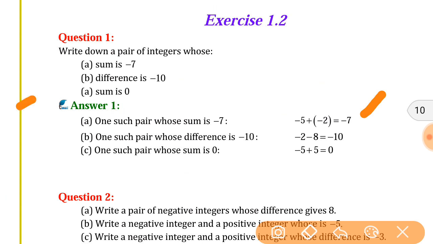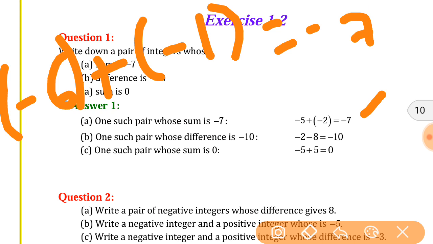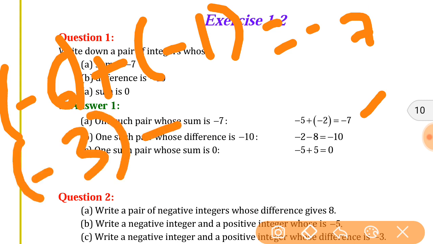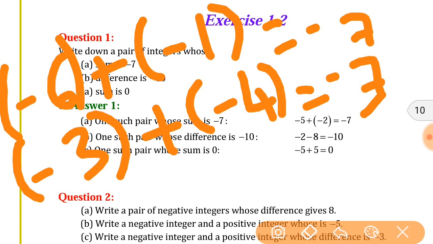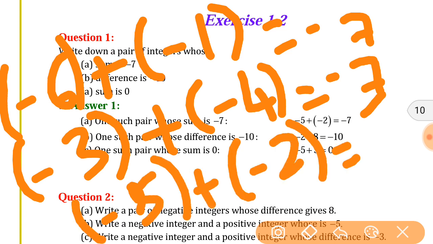You can write minus 6 plus of minus 1 equal to minus 7, isn't it? Or minus 3 plus of minus 4 also gives minus 7, or minus 5 plus of minus 2 also gives minus 7, isn't it?